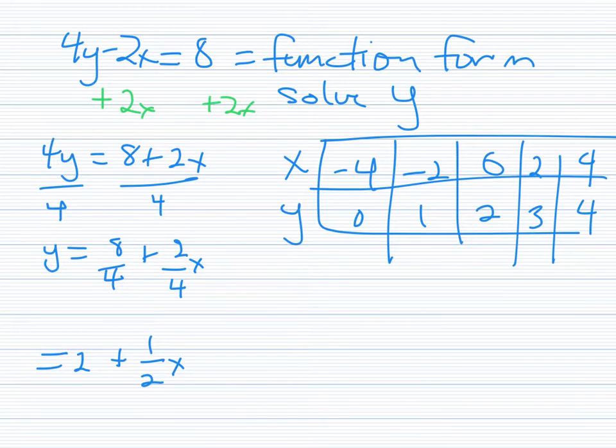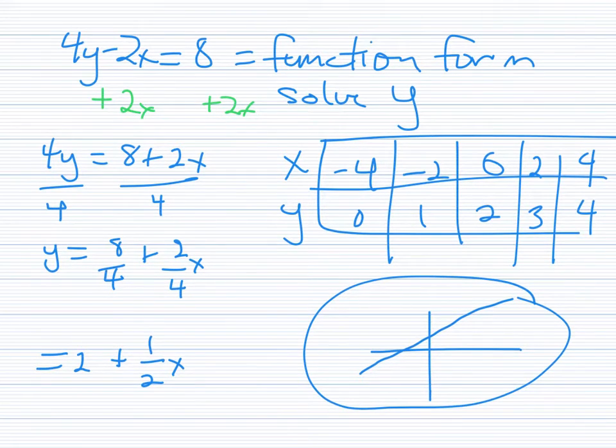And now simply you can start plotting the points and do a graph. Again, it's going to come out something like that when you get done with it. And then you would say the graph of 4y minus 2x equals 8 is shown right here. And that's what we would be showing you.